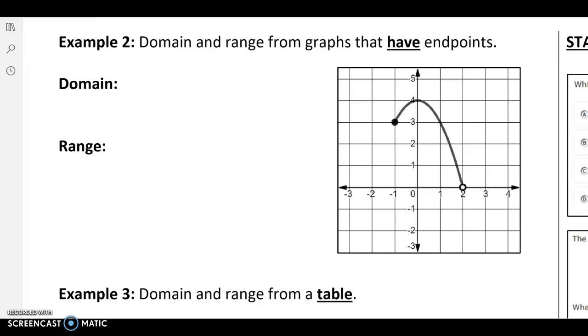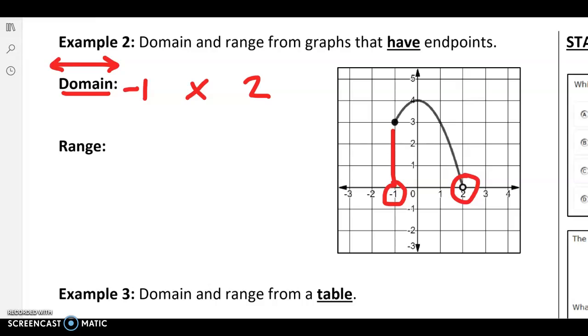So domain is red, and we put an x in the middle, and we see how far. Remember, domain are x's, so we're wondering how far left and right does this graph go? The furthest left it goes is -1, and the furthest right it goes is 2. So -1, leaving a space there, x, and then leaving another space, and then 2.